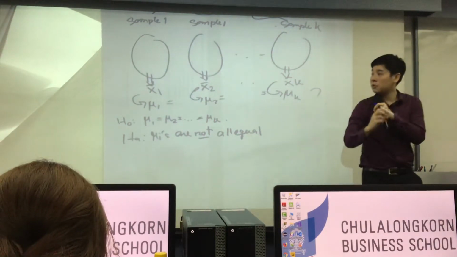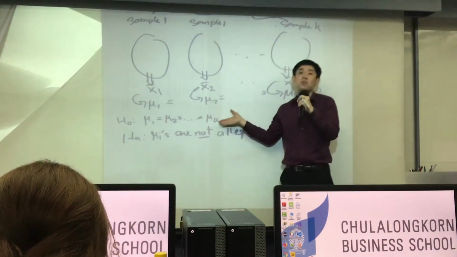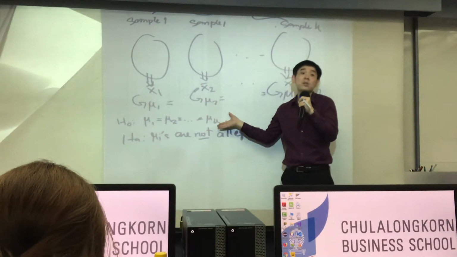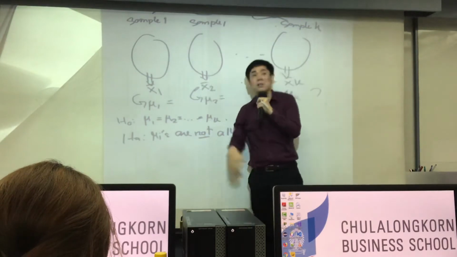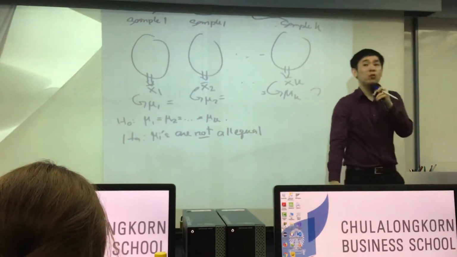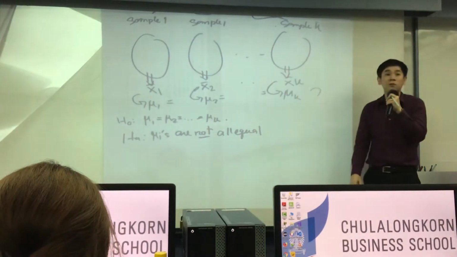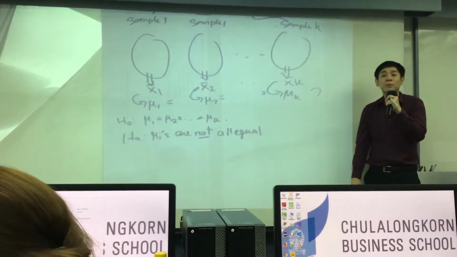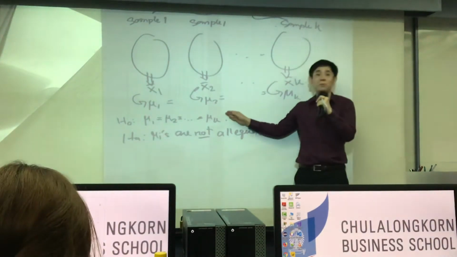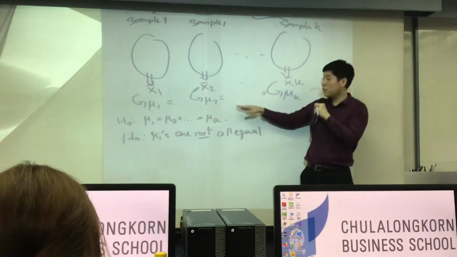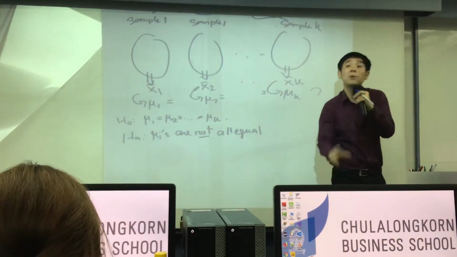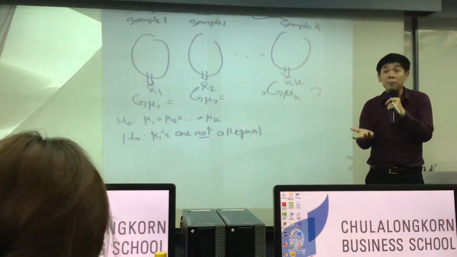Now my big question. If H0 is true, are the X bars supposed to be close to each other, or different from each other? If H0 is true, X bars are supposed to be close, because if the means are all the same, X bars are supposed to be somewhat similar.